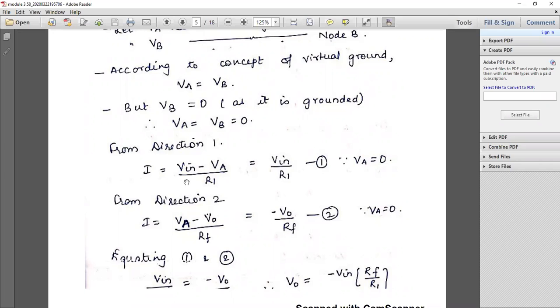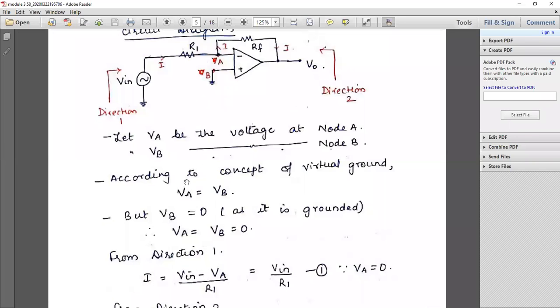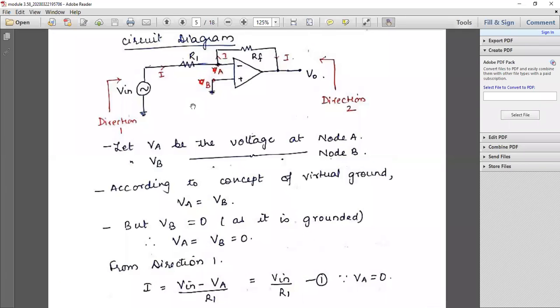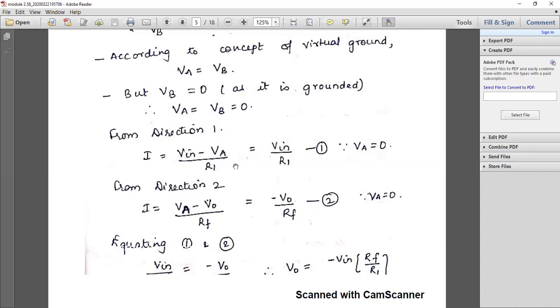Going to the previous diagram, you can see what I is. Vin is the input voltage, and across R1 the two node voltages are VA and Vin. So I equals Vin minus VA by R1, which, with VA equal to 0, is Vin by R1. So the input side current is Vin by R1.